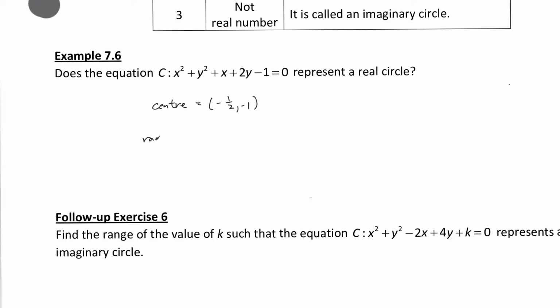How about the radius? The radius is equal to the square root of 1/4 plus 1 minus (-1). This is equal to the square root of 2.25, which is 1.5. It's greater than 0. So I know it is a real circle.